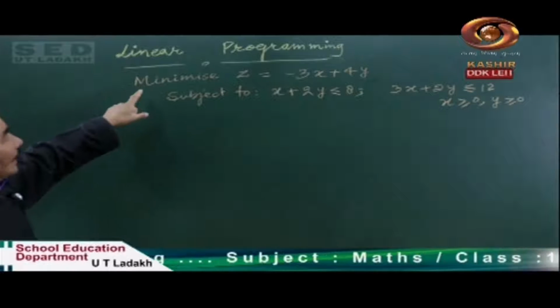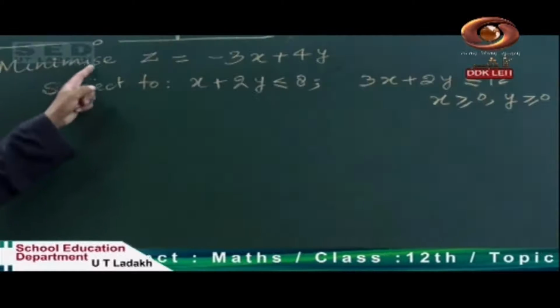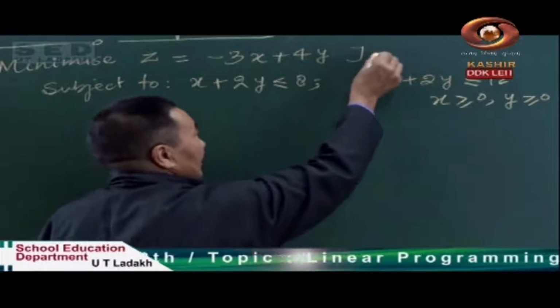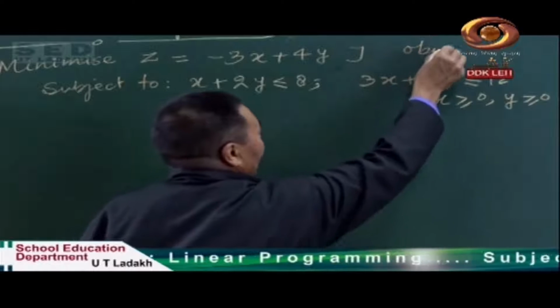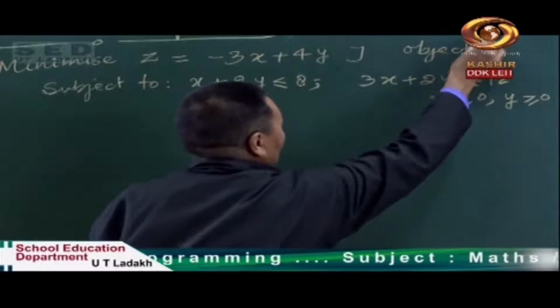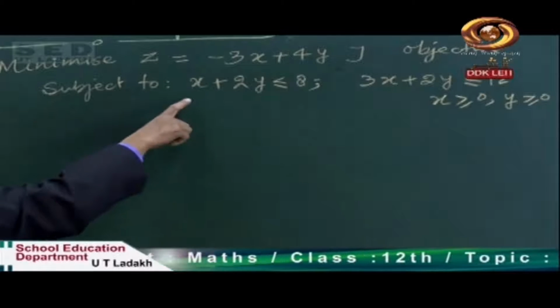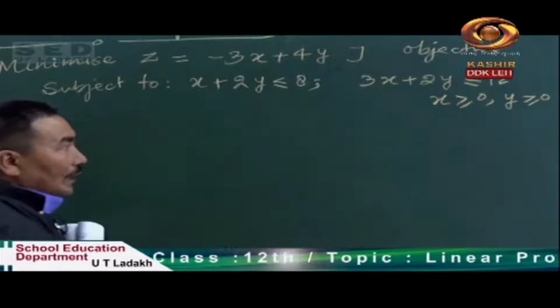This is the question. We have to find the minimum value of this z function. This z function is known as the objective function. Students, this is the objective function, and the inequalities it is subject to are known as constraints.